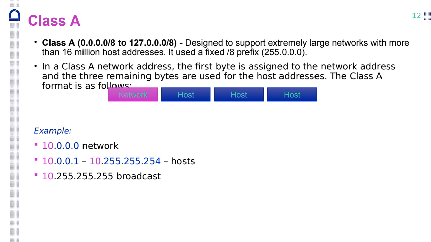This is class A. You see here, it is starting from 0 to 127, and the rest are all zeros, meaning you are using the first octet on the left side. Here you see 10.0.0.0. What is the last host address? 10.255.255.254.